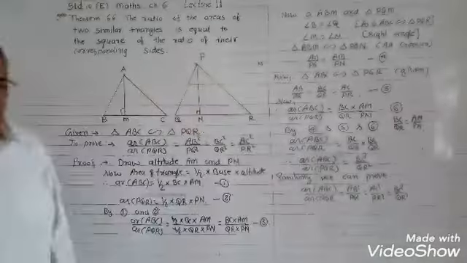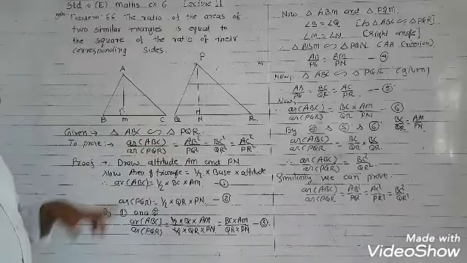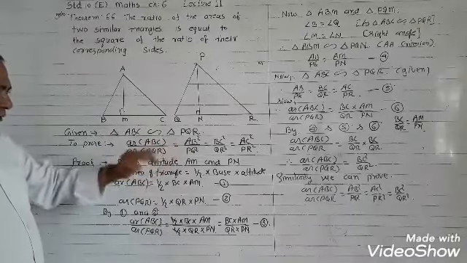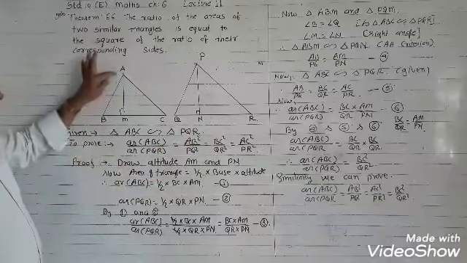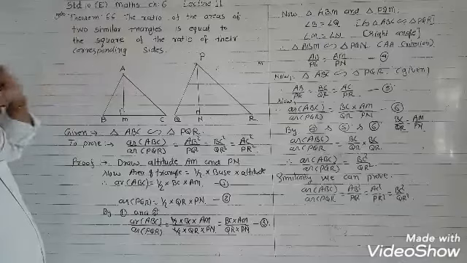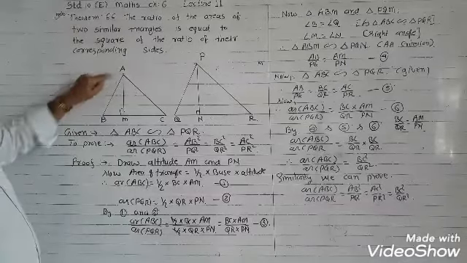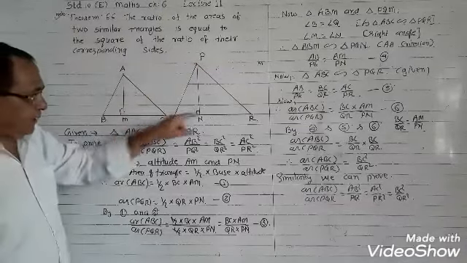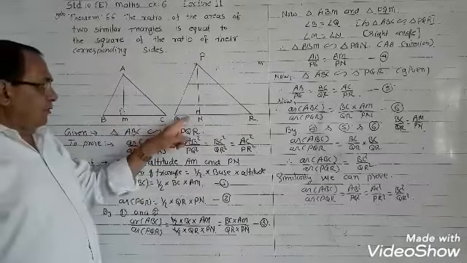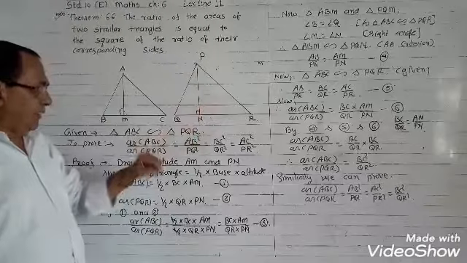Okay, once again. Triangle ABC is similar to PQR. Area of ABC upon PQR is equal to AB square upon PQ square. So, draw the altitudes AM and PN. So area of triangle ABC upon area of triangle PQR is equal to 1/2 BC into AM upon 1/2 QR into PN.